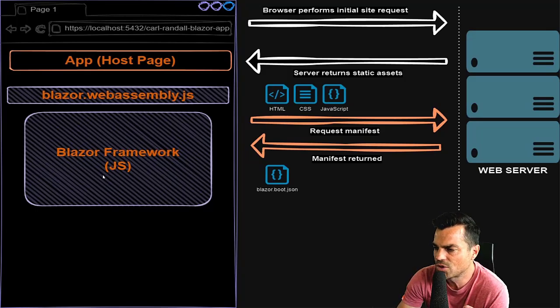So some of the key responsibilities of this Blazor framework JS part, because there's a .NET part which is going to be downloaded and run, which we'll see further down the line in this boot process, but the JS part, its responsibilities are to load and initialize the Blazor application in the browser.